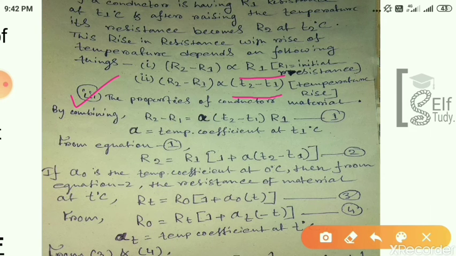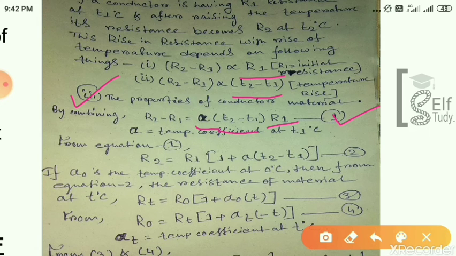It is also important. So by combining these three effects, we get equation number 1, which says R2 minus R1, which is the change of resistance, is equal to alpha times the change of temperature times R1.